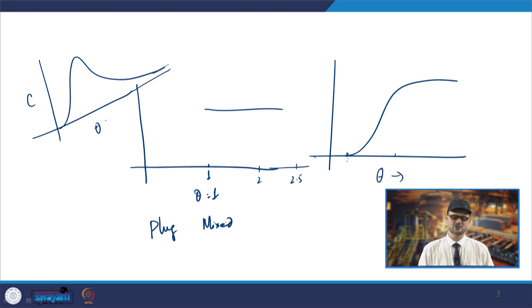And in that case you will have the calculation of the plug volume, the calculation of the mixed volume, and the rest volume, which will be the dead volume, and that we will be calculating. There are different ways to calculate it, and different theta is also considered for that.